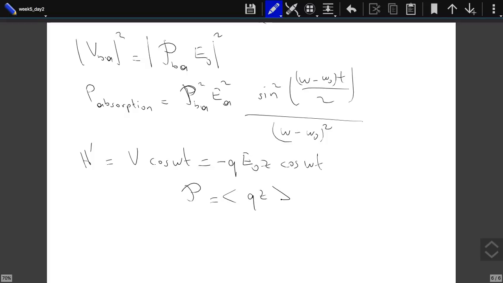At a given time, yes. For any t, there is a probability even if omega is not equal to omega 0. But if t is large enough, the probability of absorption, if omega is not equal to omega 0, will be small.